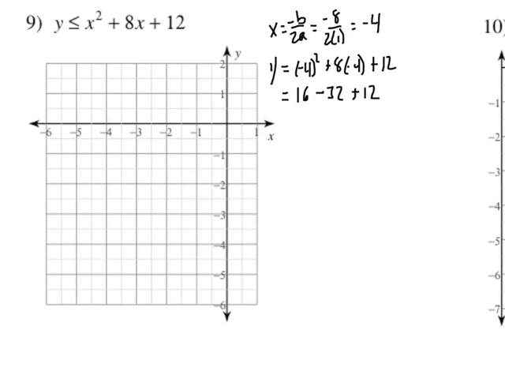Negative 16 plus 12 is negative 4. So our vertex is located at negative 4, negative 4. Plotting that point, negative 4 brings us right here. Remember, the axis of symmetry runs vertically through that. It's the line x equals negative 4.